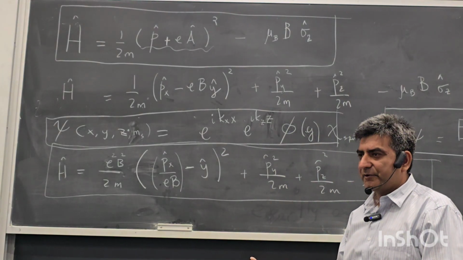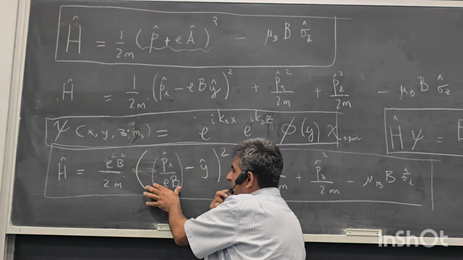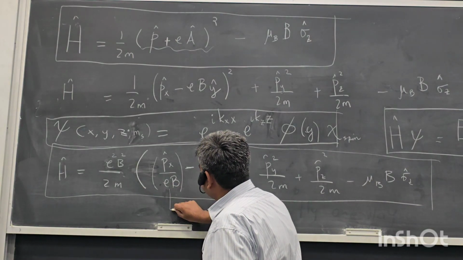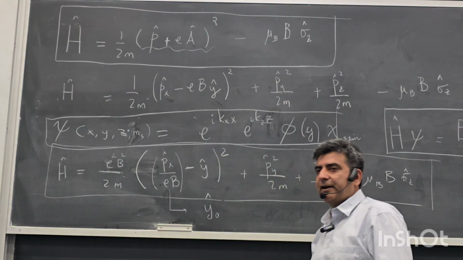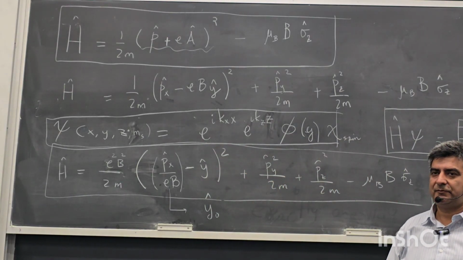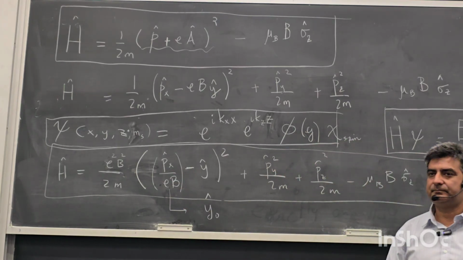I can do that if I wish to do so. I could also replace this operator and give it another symbol, say y naught, and put a hat on top of it. Y naught is just a symbol for Px over Eb.